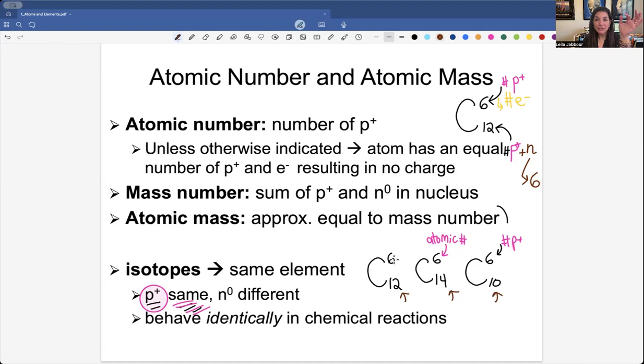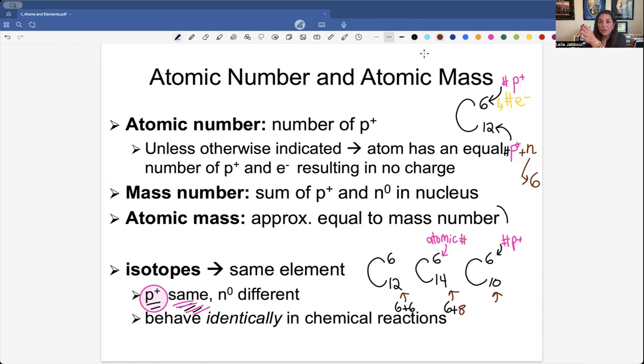If they all have the same number of protons, that 12 came from the sum of 6 plus 6. The 14 came from the sum of 6 plus 8, because to get to 14, you don't need 6, you need 8 neutrons.